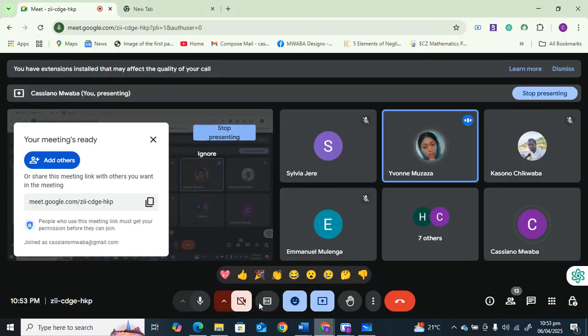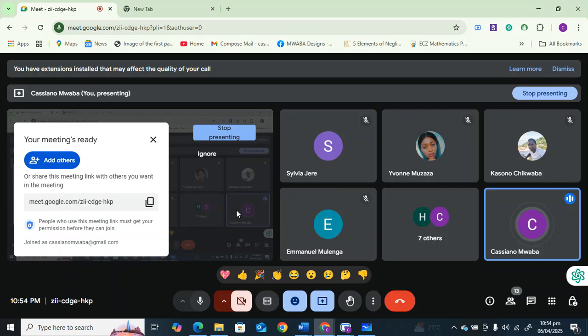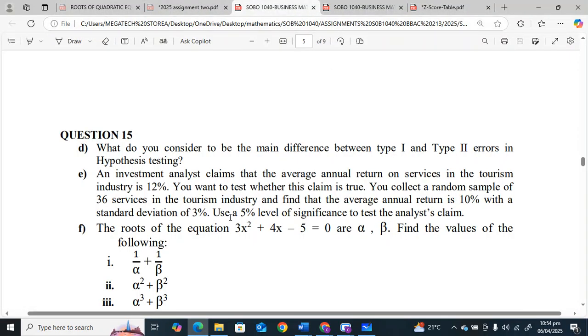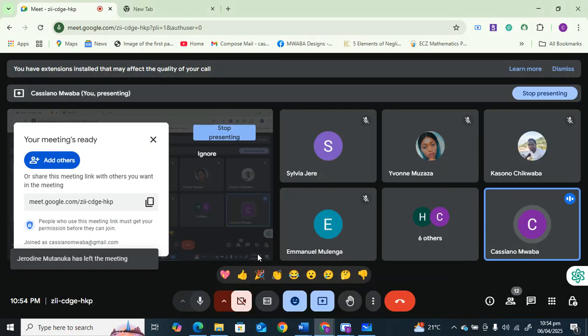No, no, they'll just give you the significance level. So here they told us the significance level is 5%. Use a 5% significance level. So as I said, think of the significance level as your level of uncertainty.